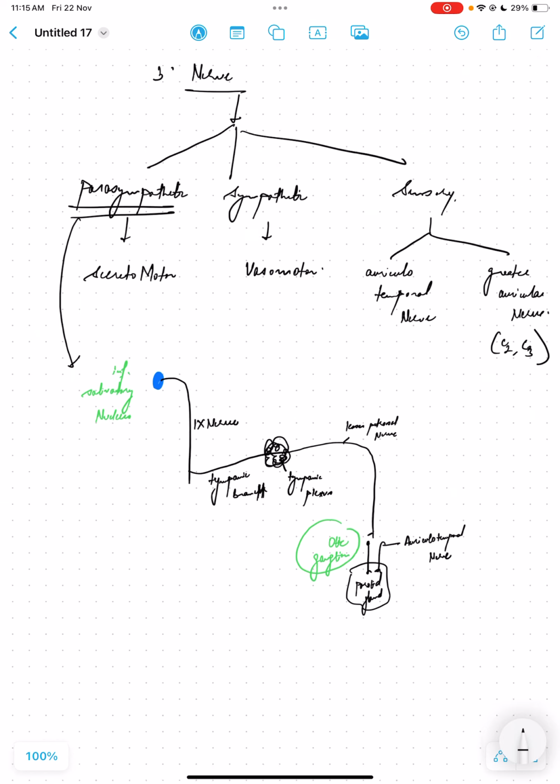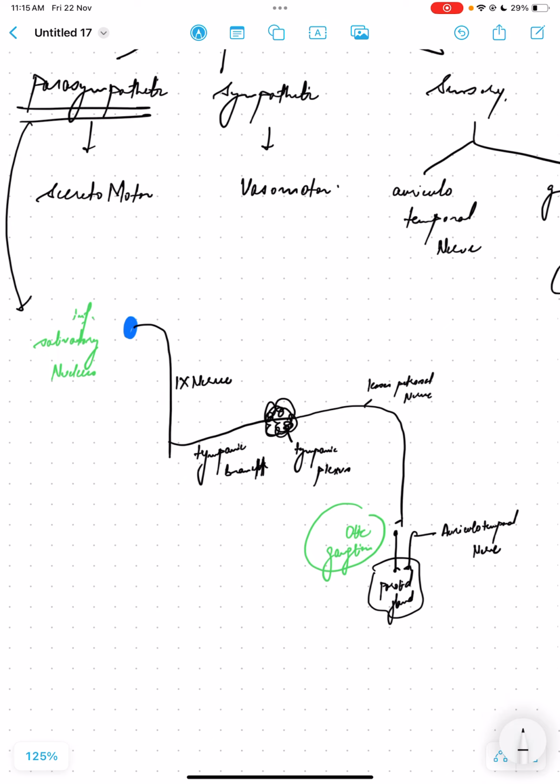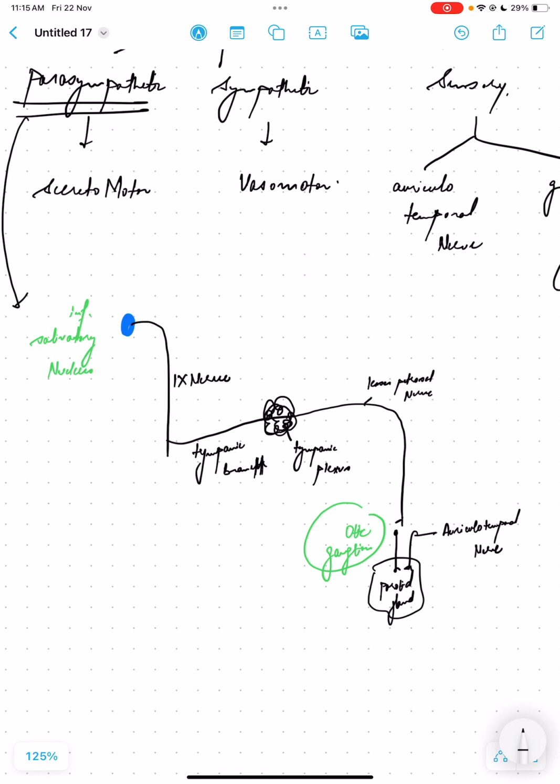You have to remember this pathway as such. First of all, it begins from the inferior salivatory nucleus, goes down with the glossopharyngeal nerve involving the tympanic branch, then the tympanic plexus. Further, with the lesser petrosal nerve, it goes down to the otic ganglion and thus reaches the parotid gland involving the auriculotemporal nerve. You have to remember this.